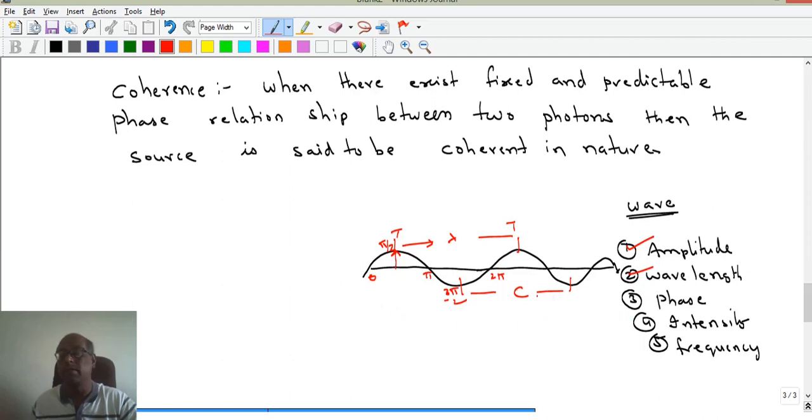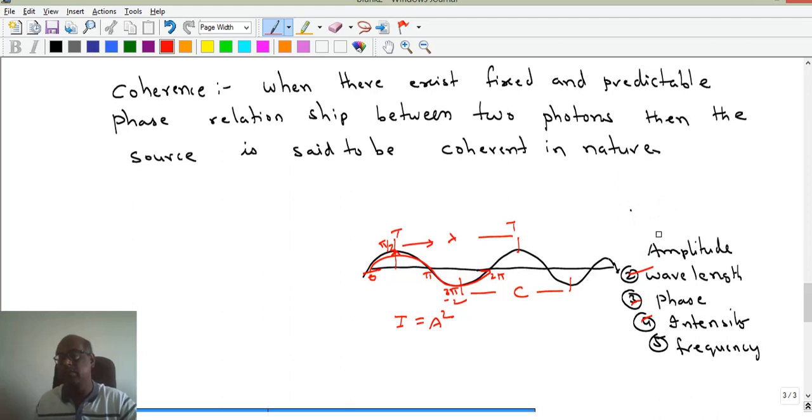And coming to intensity, the square of the amplitude is called intensity. And lastly, what is frequency? This we will call one oscillation, and the number of oscillations made per second is called frequency. So a wave should have all these properties.